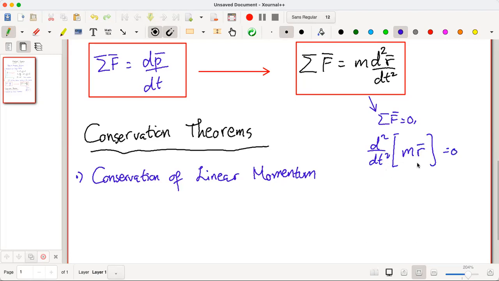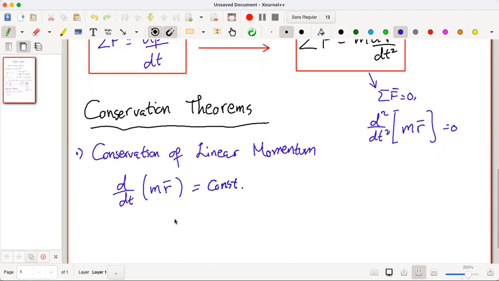Now the derivative of something is zero. What does that tell us? If the derivative of something is zero, then something itself is constant. It's constant with respect to what we are differentiating. So if the derivative with respect to time of something is zero, then something itself is constant in time, right? So basically from this expression, we can write down that d/dt of m r is constant.